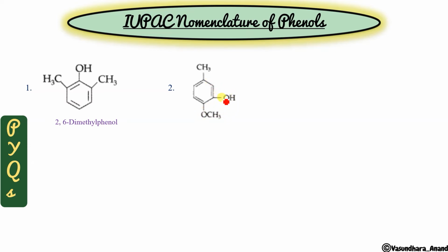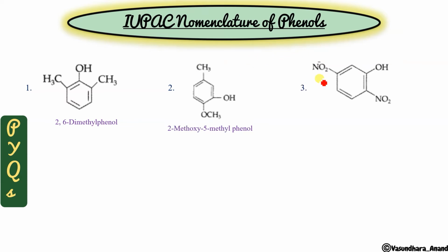So phenol will get priority over here; this is an ether, and this is OH. OH will get more priority than this. So this will be phenol, with a methoxy group at 2 position and a methyl at 5 position. So we'll say 2-methoxy-5-methylphenol.